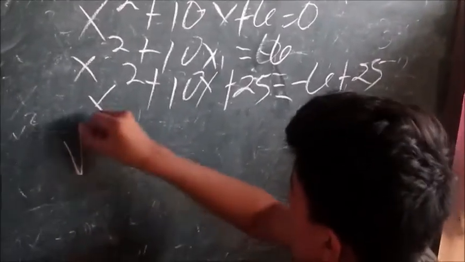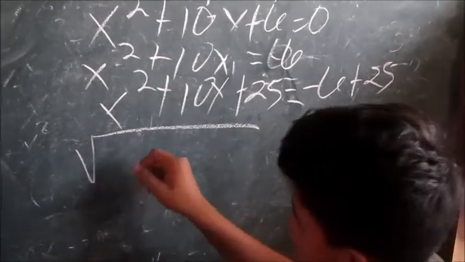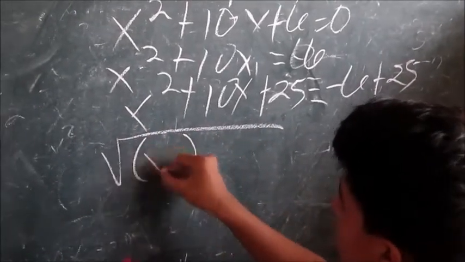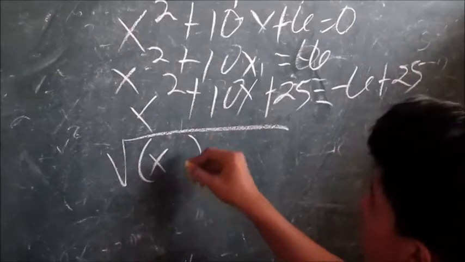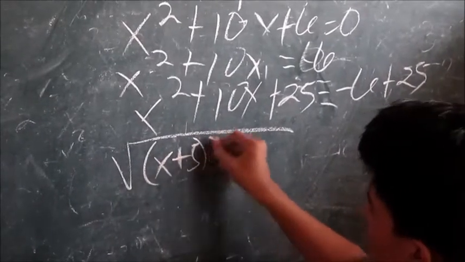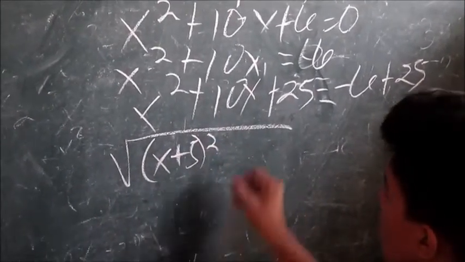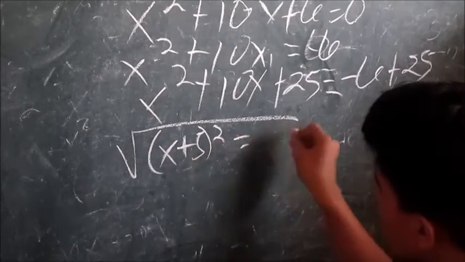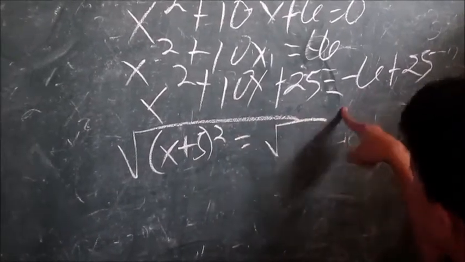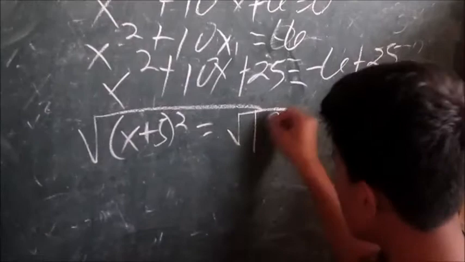And then let's put a square root. So we open and close parentheses. We make x plus 5 squared, because 5 times 2 is 10. And then it equals the square root of negative 6 plus 25, which is 19.